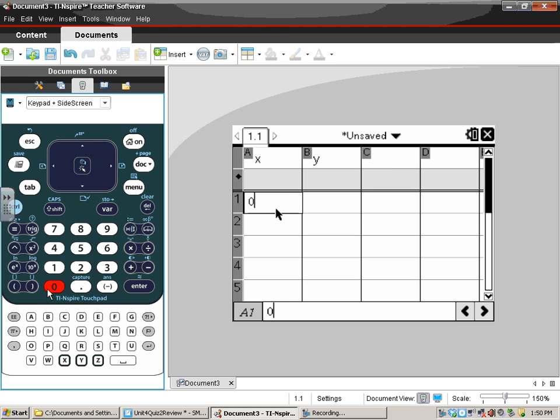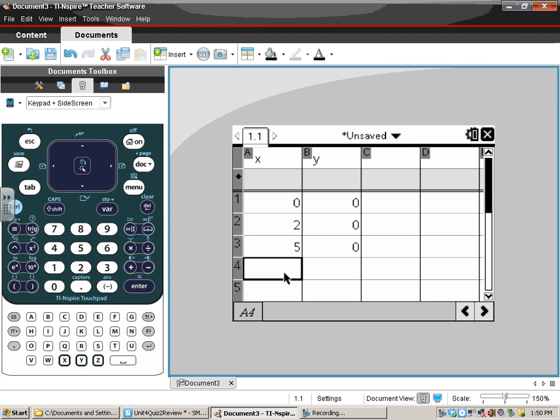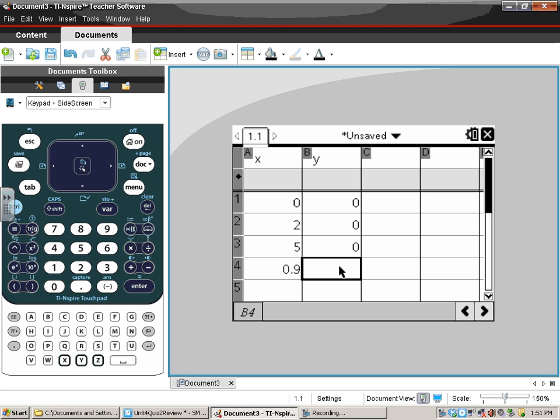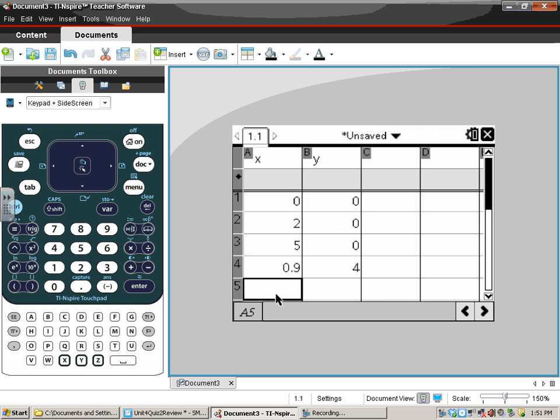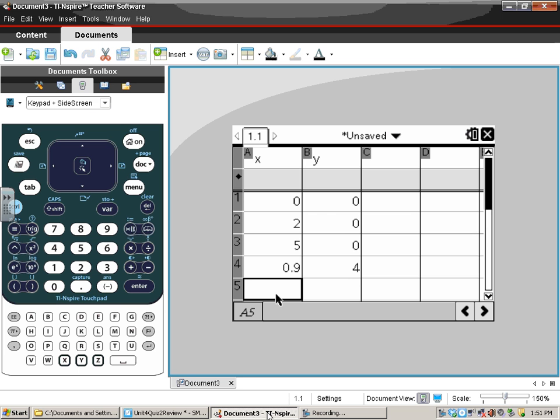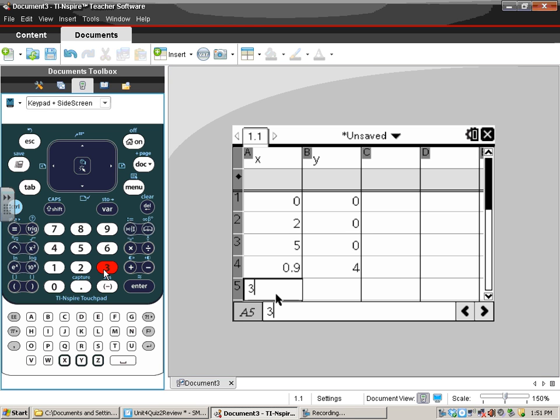I've got (0, 0) as our first point, (2, 0) as our second point, (5, 0) as our third point, then (0.9, 4), and I can't remember the last one, (3.7, -8).